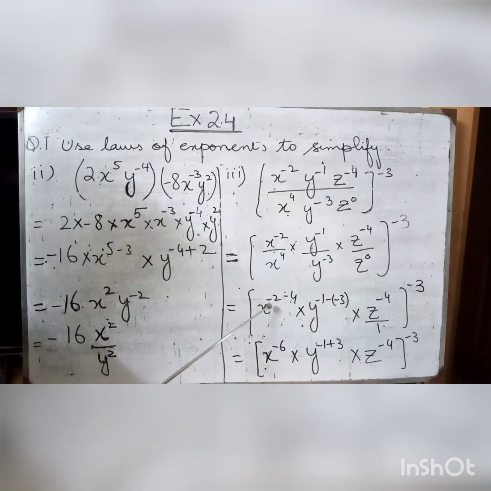Using the laws of indices, we have x raised to power minus 2 minus 4, y raised to power minus 1 minus minus 3, z raised to power minus 4, and z raised to power 0 becomes 1, with exponent minus 3. After simplification, we have x raised to power minus 6, y raised to power minus 1 plus 3, z raised to power minus 4, with exponent minus 3.